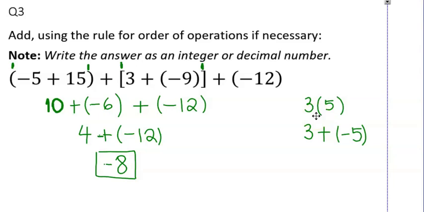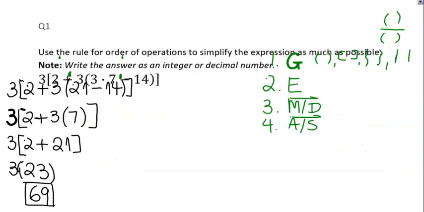Okay. Yes. On the question 1? Yes. 3 times 7, yes. Okay, so when you're doing numerical expression, if you want to distribute the 3, but it's not the efficient way to do. The efficient way to do is to solve the grouping first, find one number, and then multiply the result by 3. If you distribute, you have more work to do.